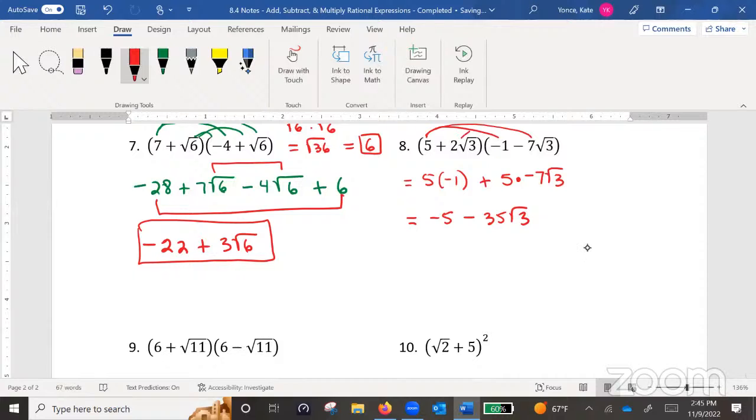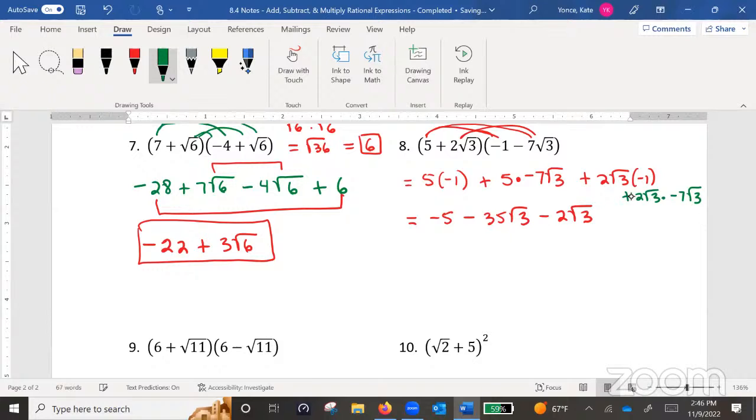Okay. Inside is +2 square root of 3 times -1, which would just be what? And then last times last is, I'm going to run out of room. It's going to be right here: +2 square root of 3 times -7 square root of 3.